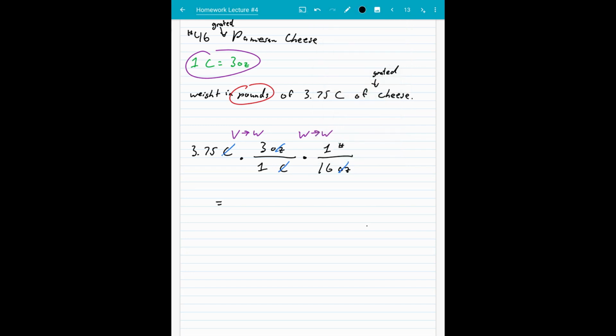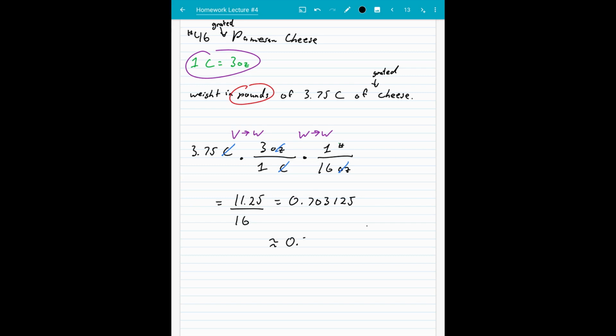Multiply all the numbers up on top. 3.75 times 3 gives us 11.25. Bottom numbers, 1 times 16 makes 16. Divide that out. That gives us 0.703125. And it wants us to round to the nearest hundredths place.